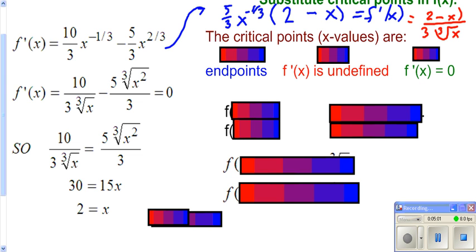The top would still be multiplied by 5. And your derivative is equal to 0 only when the top is. And so then that's just your 2 that we had down below here. Also, your critical points are where it's undefined. It's undefined when the bottom is 0.